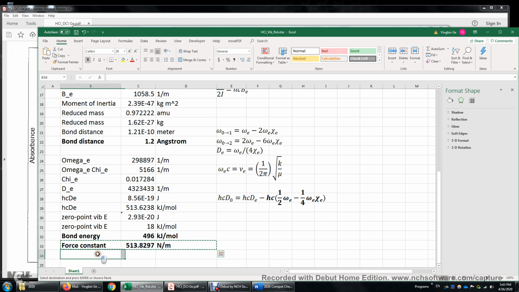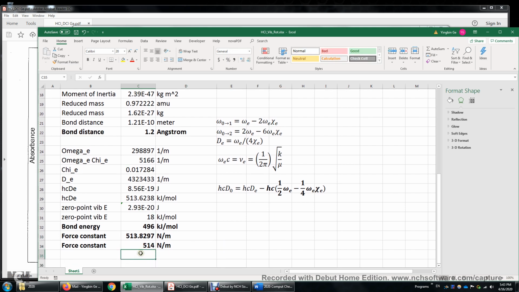By the way, what is Newton? Newton is force, right? Okay, so when we're talking about force, the unit of force is simply the unit of mass times the unit of acceleration.